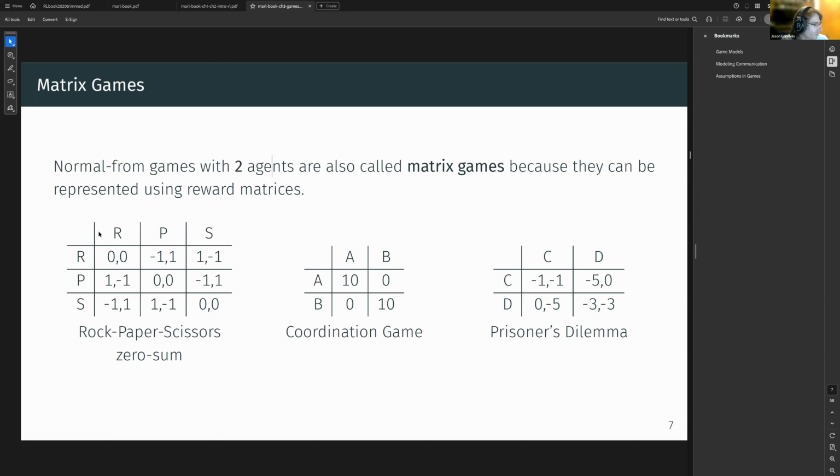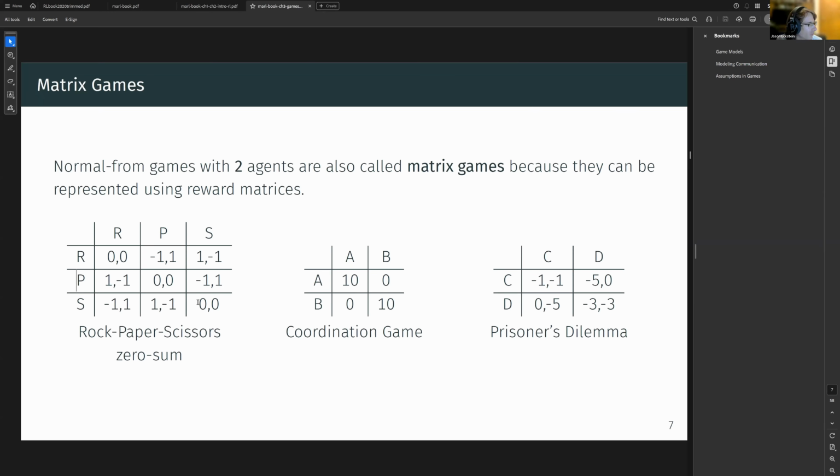You could think of this as agent 1, this as agent 2, and the size of the table depends on the size of the action space. So this is an example of a zero-sum game where there's 3 actions for each agent, and what's shown in the table is the reward function of the joint action, right?